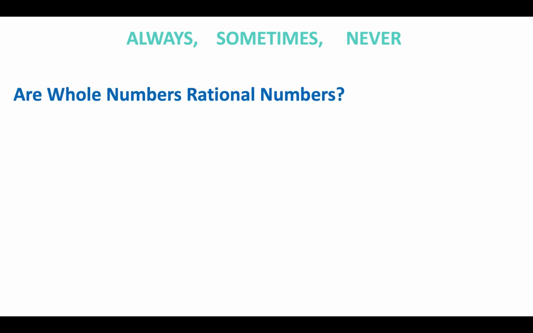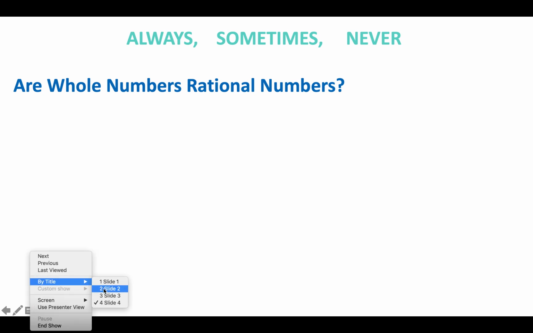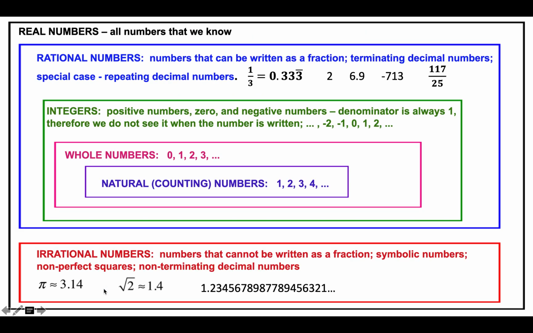Okay, now we get to the always, sometimes, never category of questioning, which is really something that confuses us. So we're going to hope we can get through how to think about these. The question is, are whole numbers rational numbers? Whole numbers, rational numbers. So let's go back to our real numbers. Are whole numbers rational? All right, so let's go to whole numbers. Whole numbers are inside integers, which are inside the rational number category.